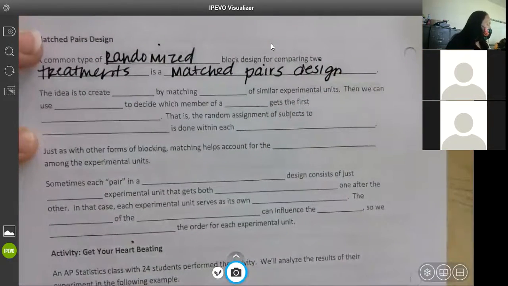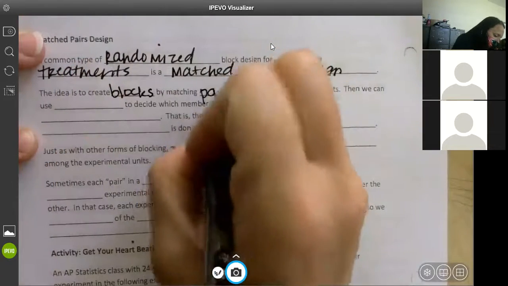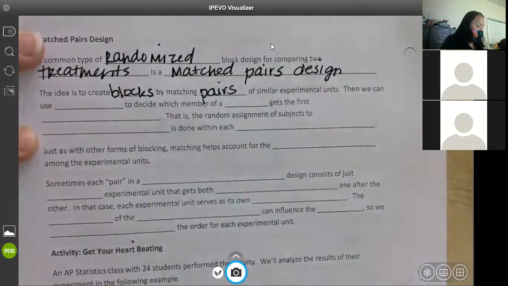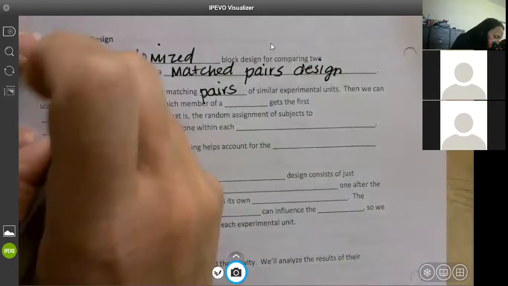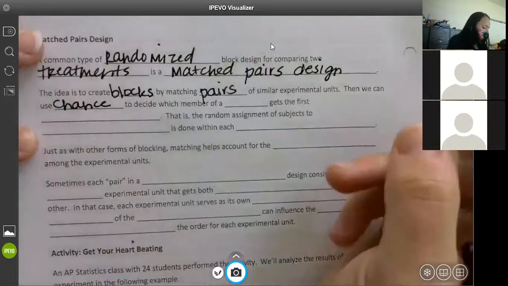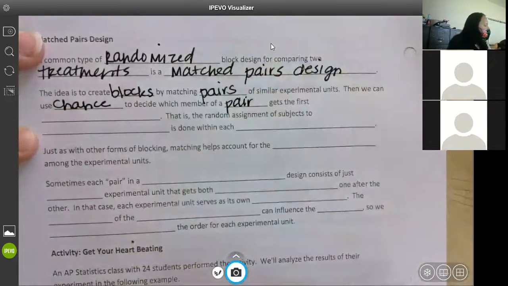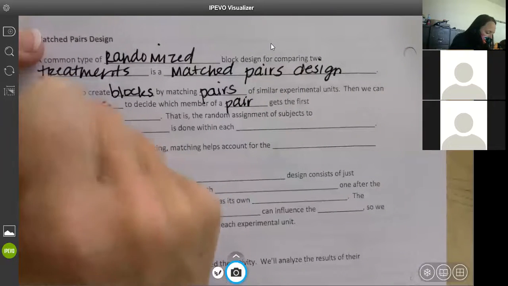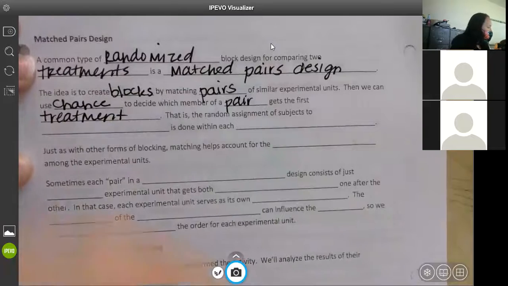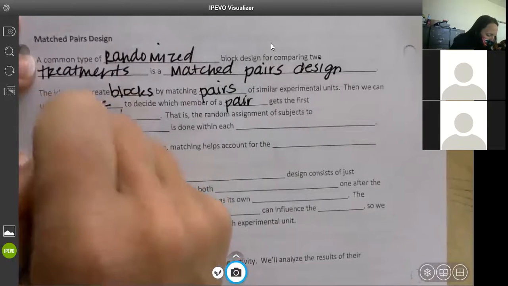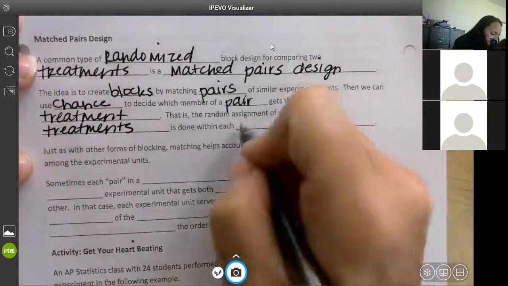The idea is to create blocks by matching pairs of similar experimental units. Then we can use chance to decide which member of a pair gets the first treatment. That is, the random assignment of subjects to treatments is done within each matched pair.